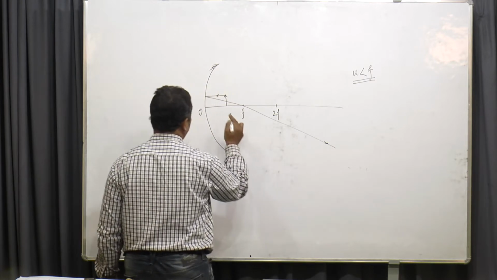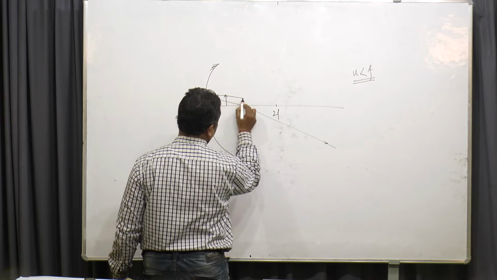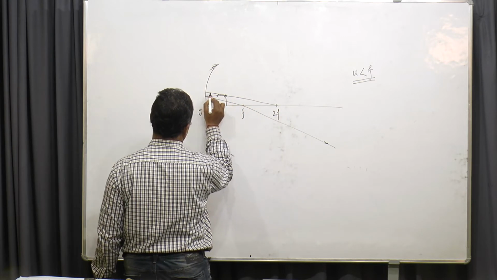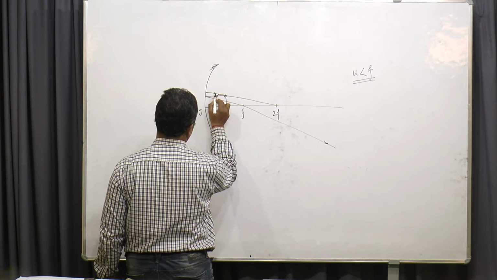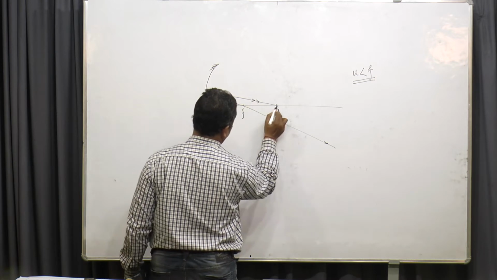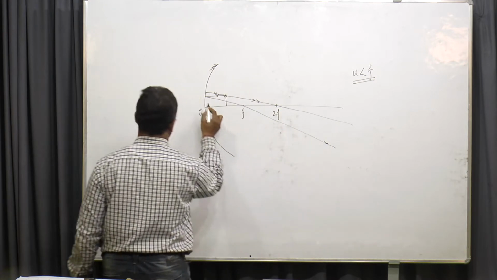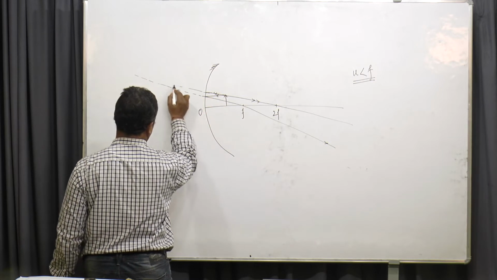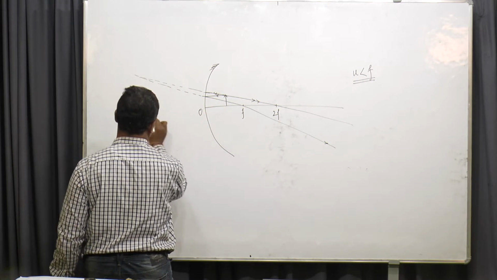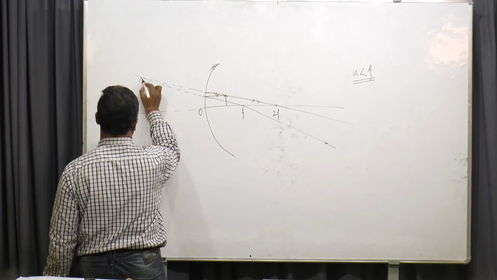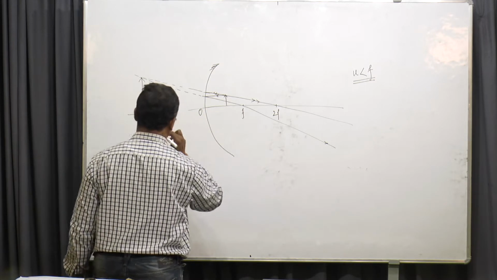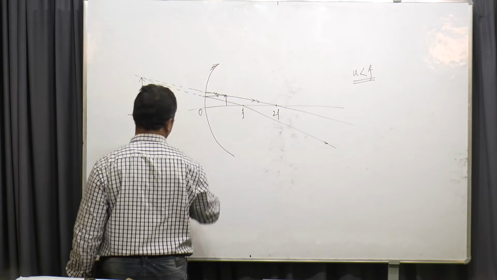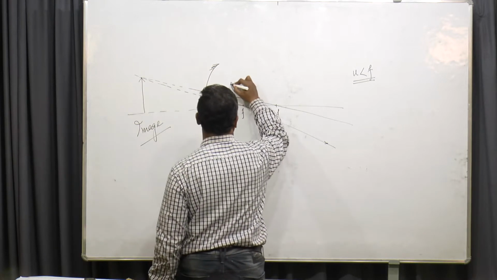So there what we will do, we will take this line, which is, now you make it, so you get here is your image. So this is my object.